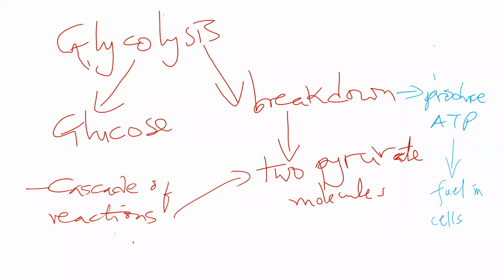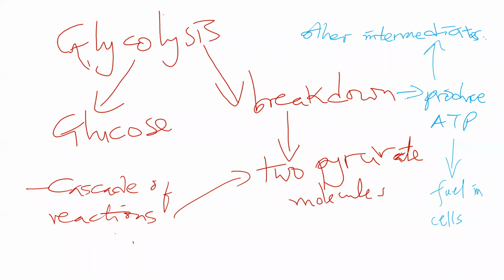Other than producing ATP, we are interested in producing other intermediates, which are compounds that are going to be used in other biosynthetic pathways.